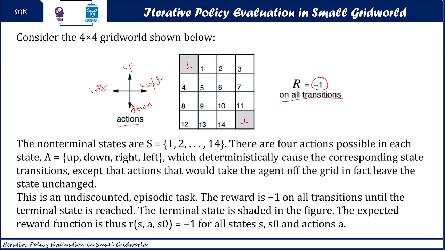So the non-terminal states set S is equivalent to the states S1, S2, S3 until S14. And there are four actions possible in each state. So the set of actions are up, down, right, and left, which deterministically cause the corresponding state transition, except that actions that would take the agent off the grid, in fact, leave the state unchanged.